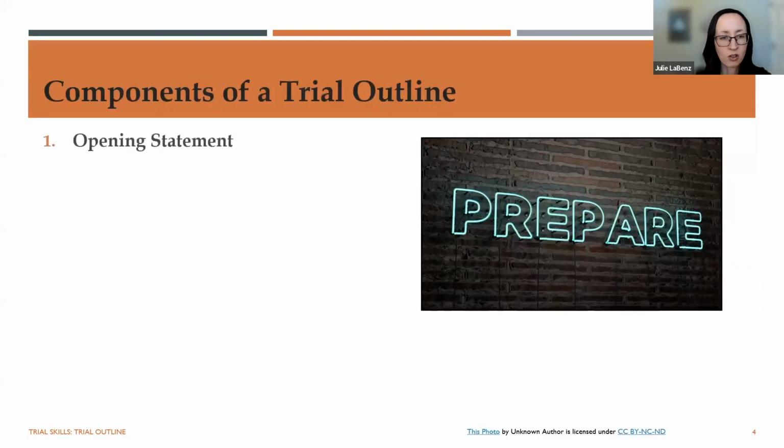So here are the components of a trial outline, and this follows trial procedure. So this is the same flow that's going to happen at a trial. First of all, you've got your opening statement. Then the petitioning party. So whoever filed the petition that is leading to this trial. Now, if you are at the divorce or custody establishment case, that will be the petitioner.